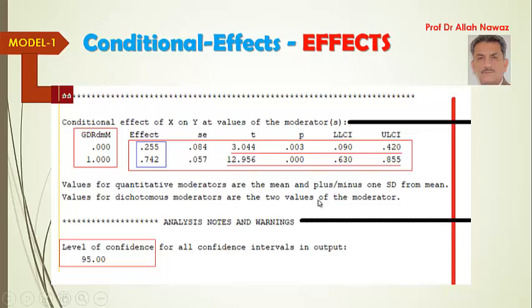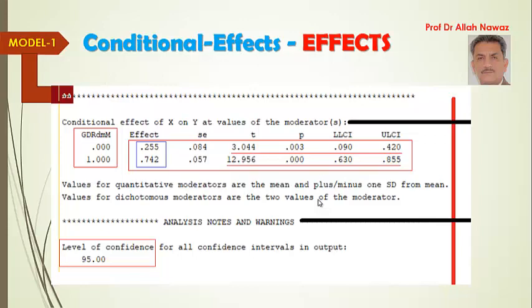So that was all about the application of Model-1 for testing the impacts of a third variable, the moderator, a categorical variable which has been converted into a dummy variable to get a continuous variable as per the requirements of Model-1.